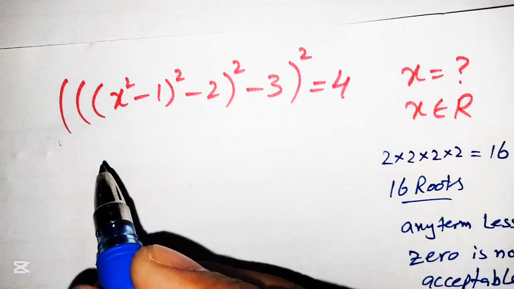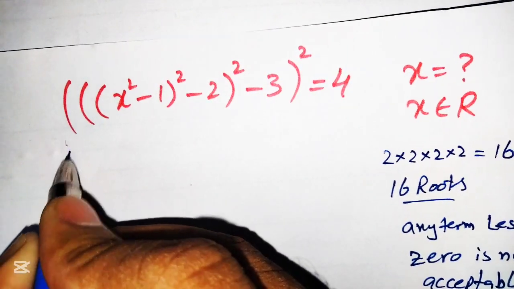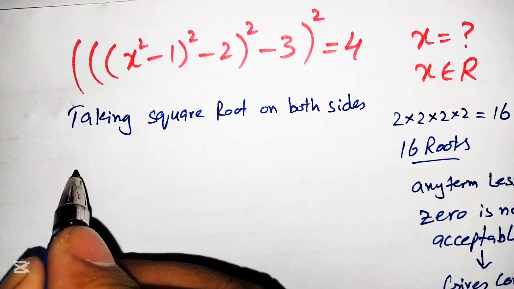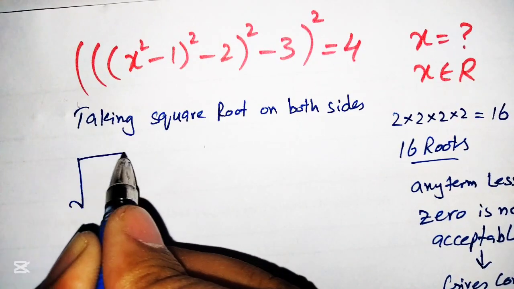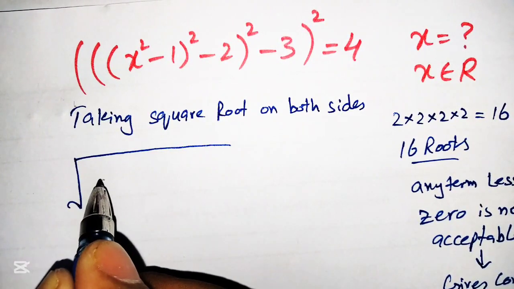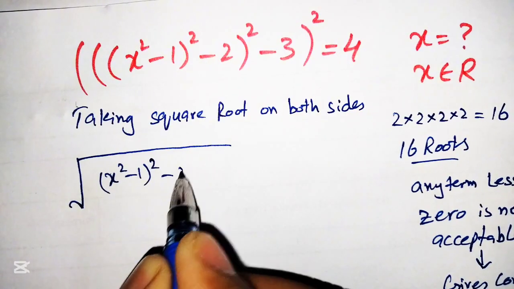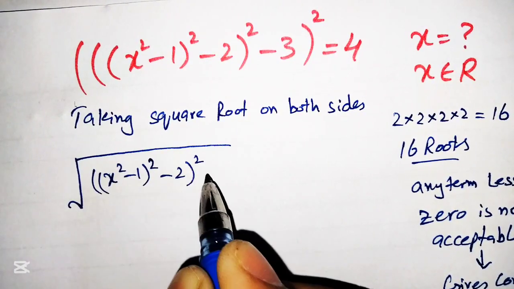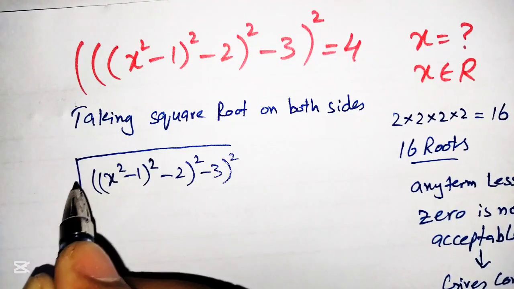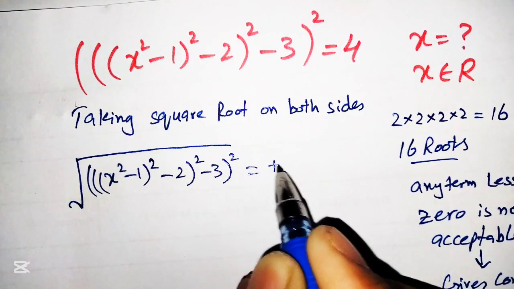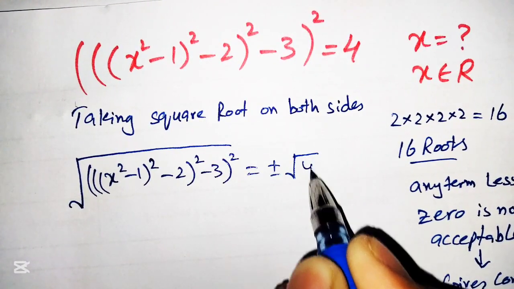So taking the square root on both sides, we will get the square root of (x square minus 1 square minus 2 square minus 3 square) is equal to plus minus square root of 4.